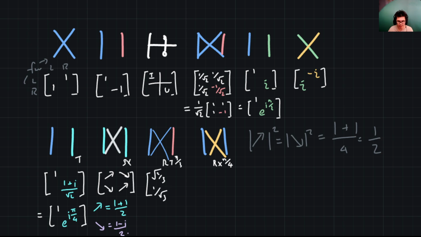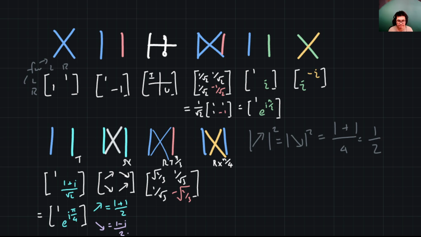If you want to get the numerical value, it is 2 over root 3, 1 over root 3, then 1 over root 3, then minus 2 over root 3. So it's like the Hadamard gate, except it divides things unequally.